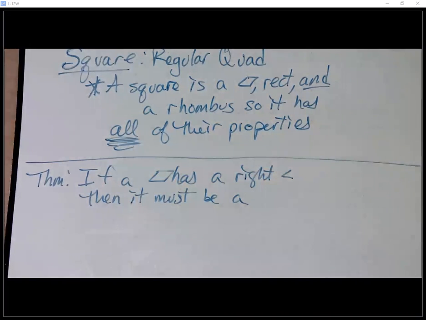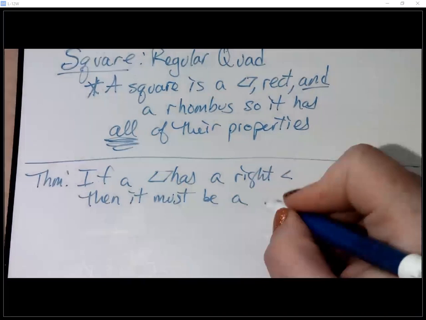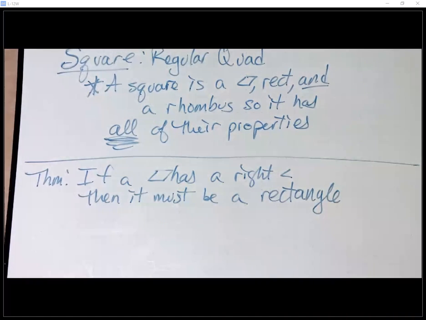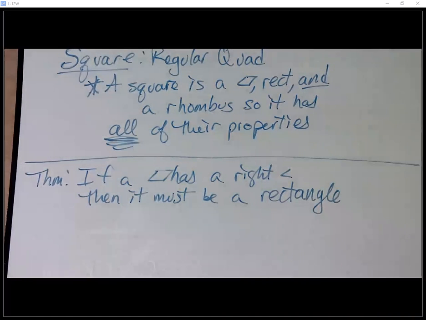You're not wrong, but you can go a little bit broader. If you just have one right angle in a parallelogram, they all have to be 90s, right? Because opposite angles have to be the same and consecutive have to be supplementary.